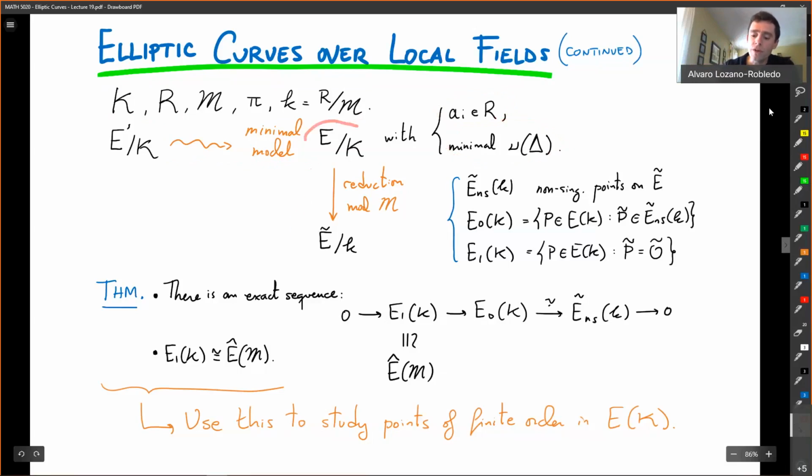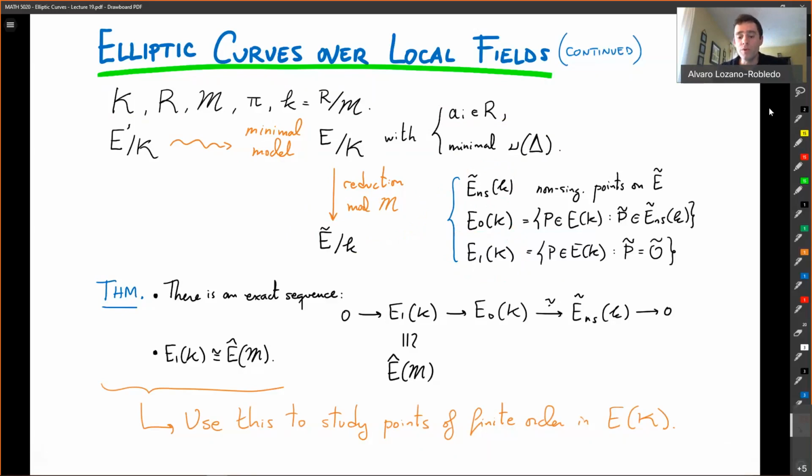Those we can reduce modulo M, and then we get an elliptic curve over the residue field. Well, a curve over the residue field, which might be singular. So to deal with that, we define three auxiliary groups: the points, the points of non-singular reduction, and the kernel of reduction.